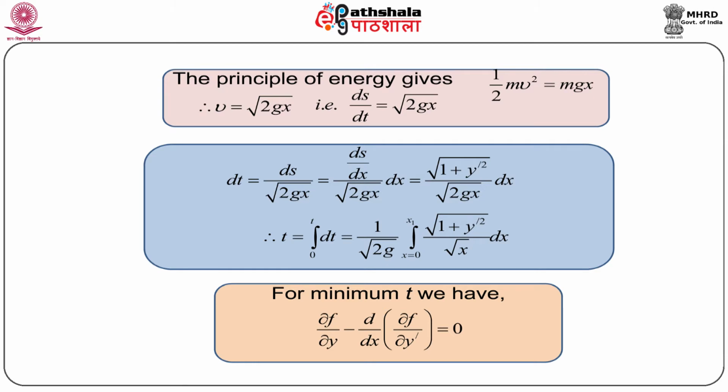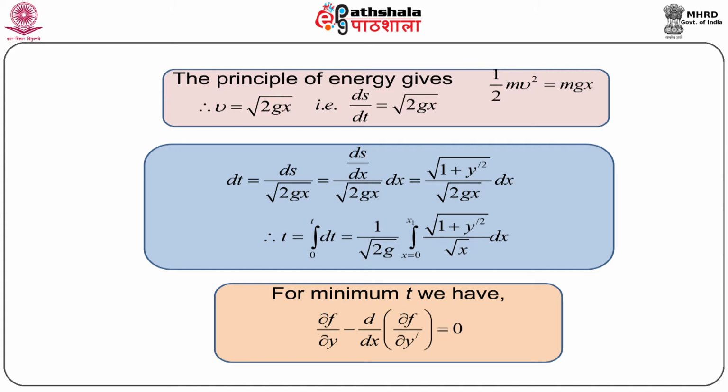From this we get v equal to square root of 2 g x. Here we have taken the positive sign since we are considering the velocity. v can be written as ds/dt, where s is the arc length. Therefore, ds/dt equal to root over 2 g x.